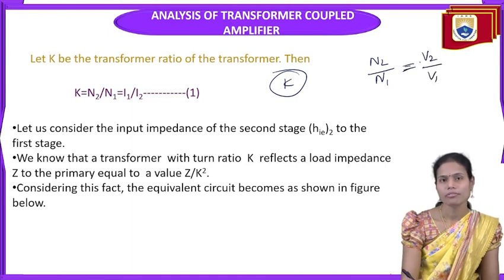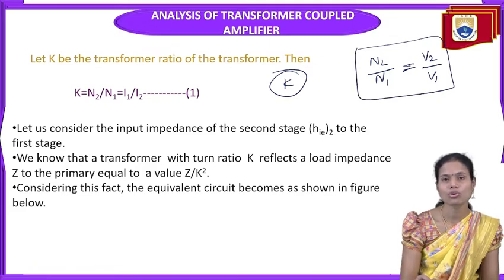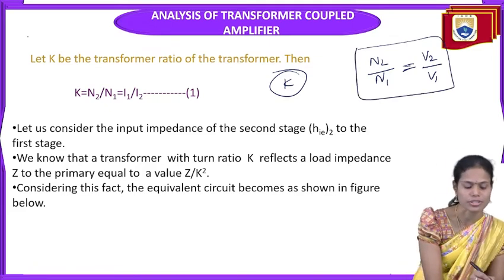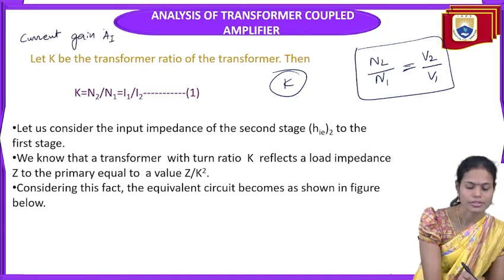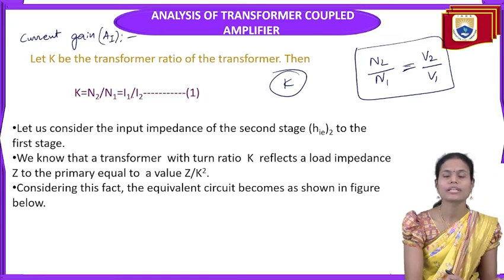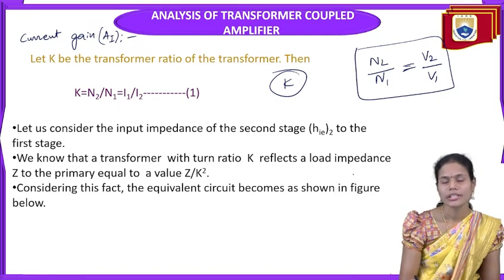But here we are not taking that relation, because we first want to calculate the current gain parameter. So K equals N2 by N1 equals I1 by I2.